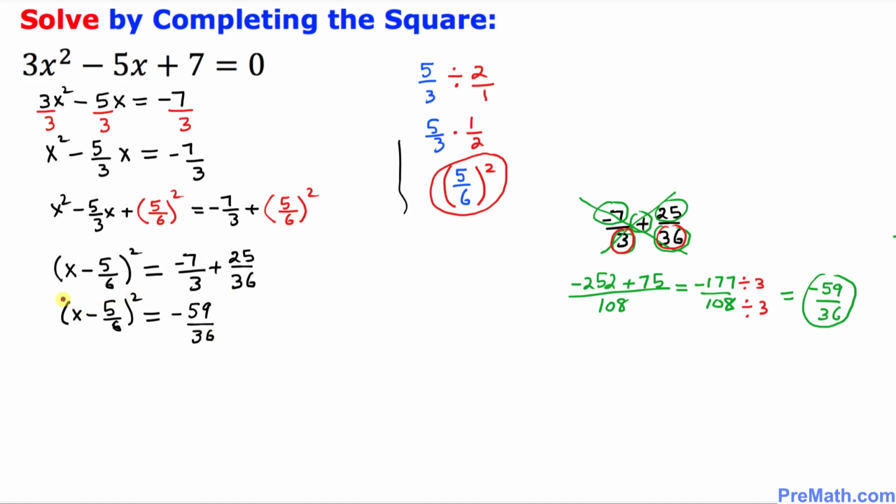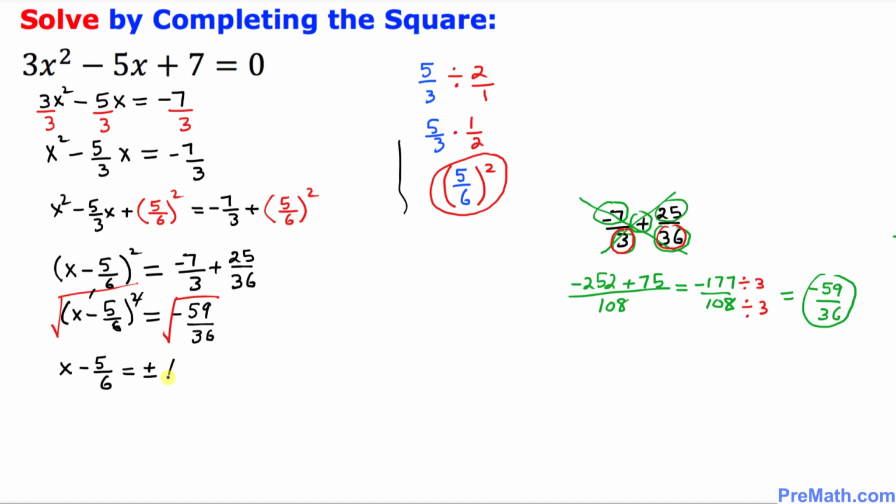And now in the next step, we are going to remove this square. We want to undo this square, so we are going to take the square root on both sides. This square and square root undo each other. We get x minus 5 over 6 equal to positive or negative.